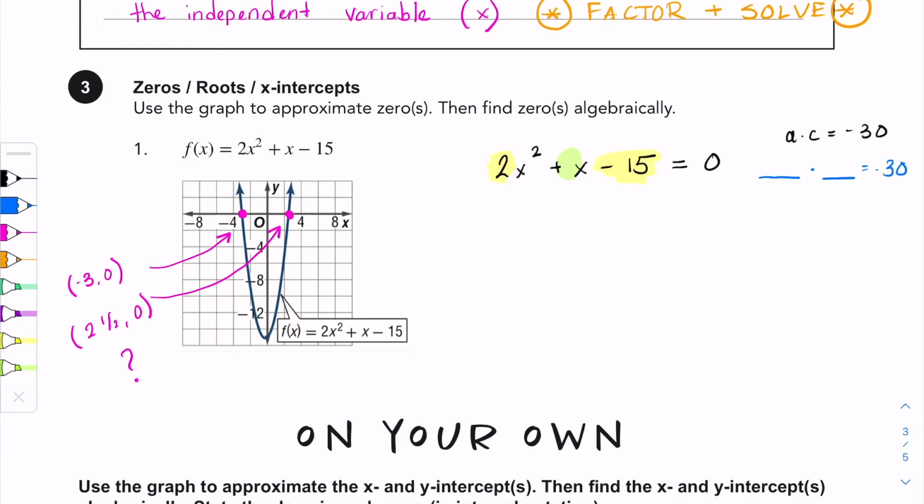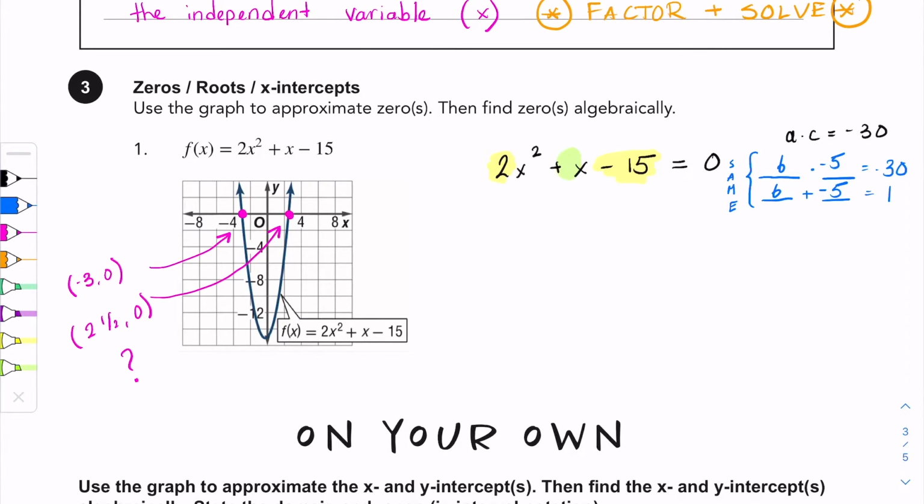So what times what equals -30, and the same two numbers that add together to equal 1. That would be 6 times -5 and 6 plus -5.